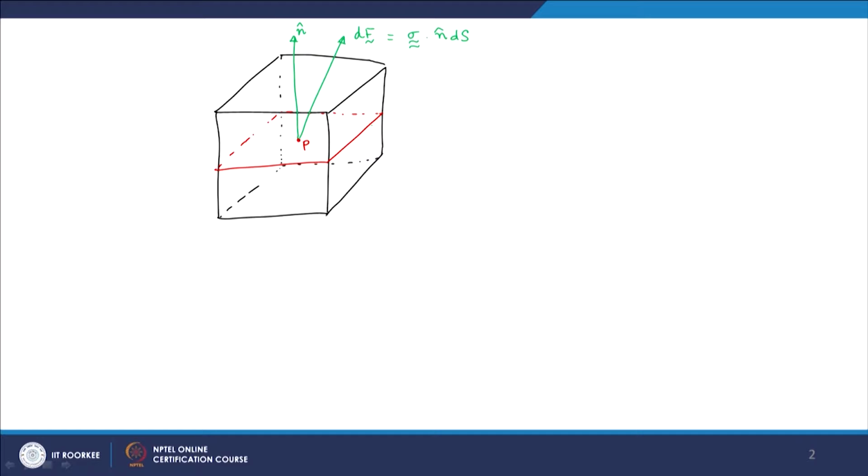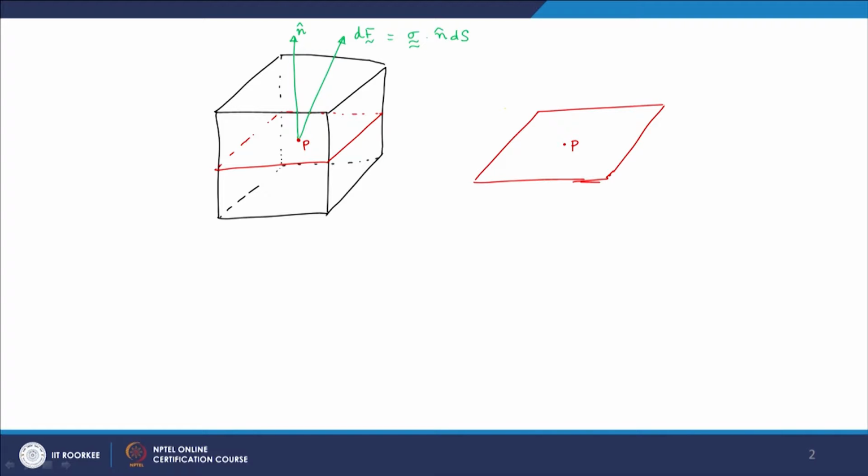If I look at just that plane containing material point P, there will be particles above the plane.